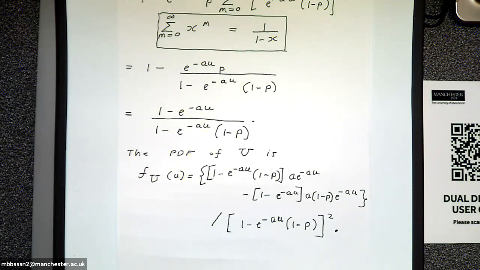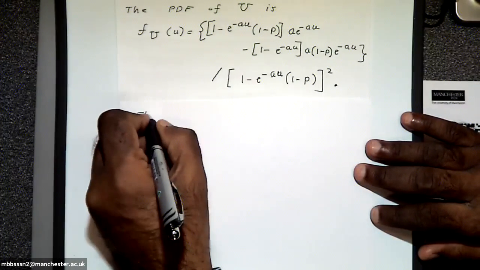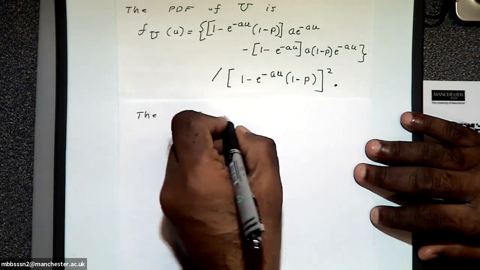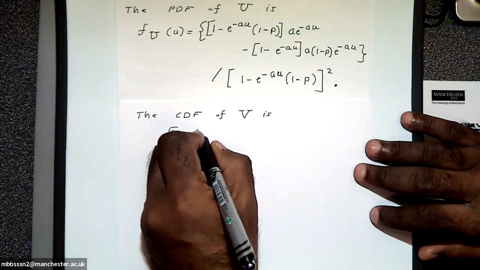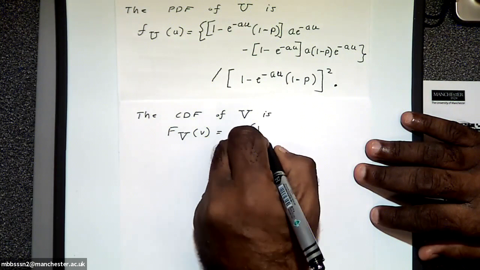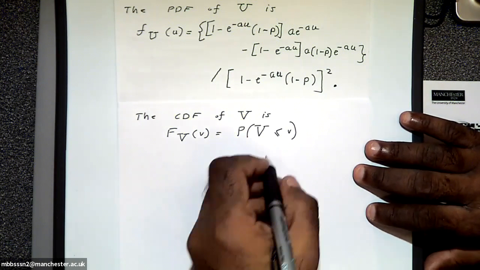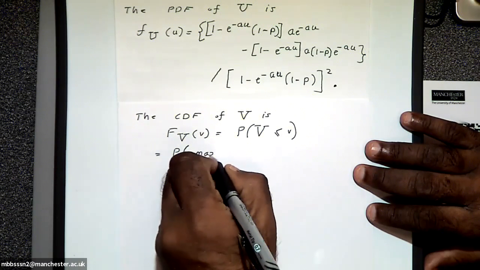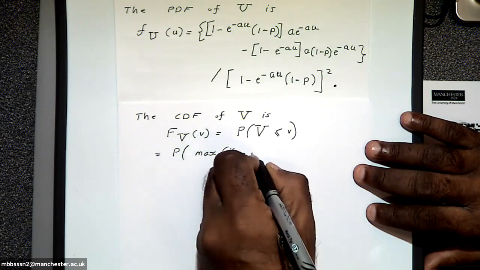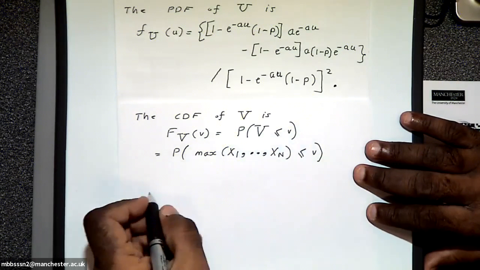And similarly, you can derive the CDF of V, and this will become the probability that, okay.